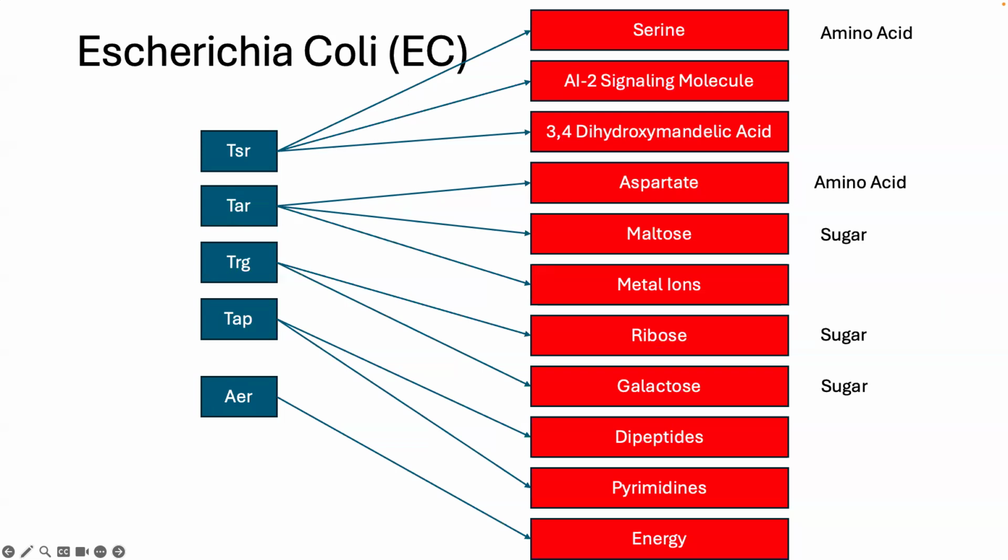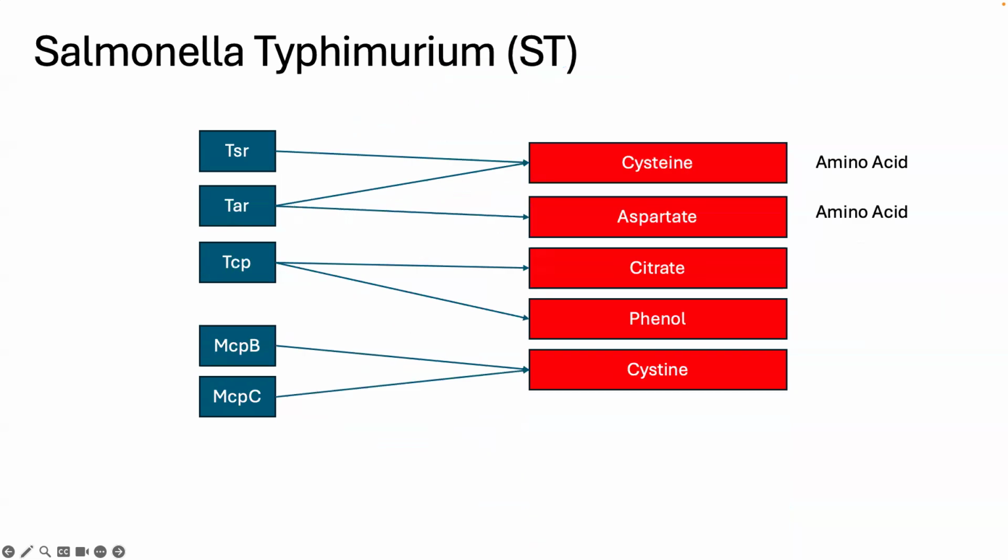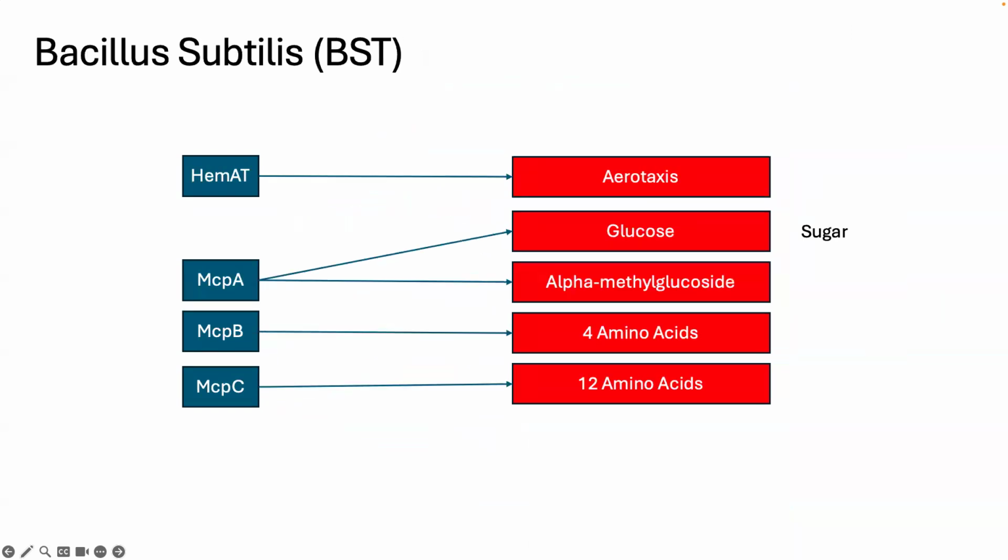And so first for E. coli, Salmonella has about the same order, not nearly as many effectors, but a handful. BST, four chemoreceptors, five effectors. And you can see some of these are trying to look at a subset of amino acids. Some are a little bit broader. We can see that being played out.